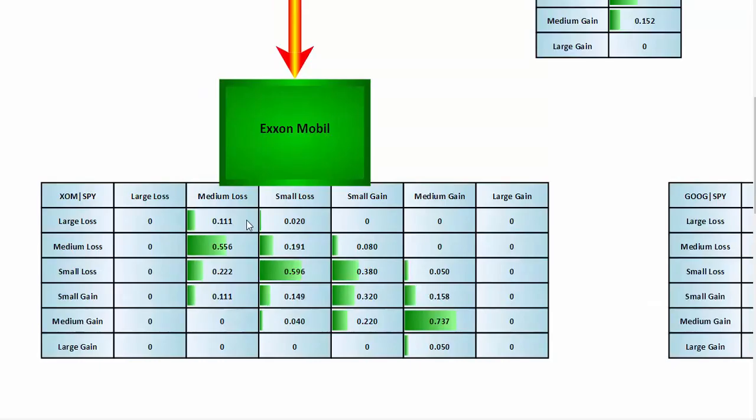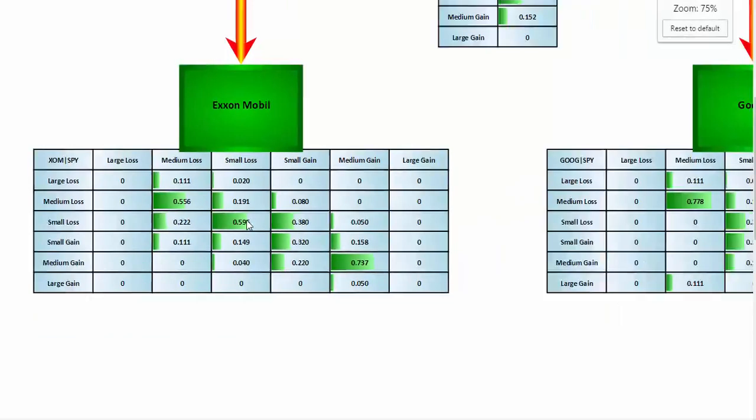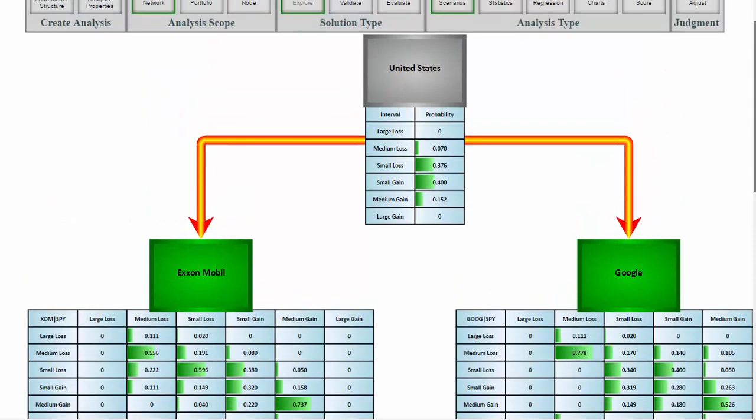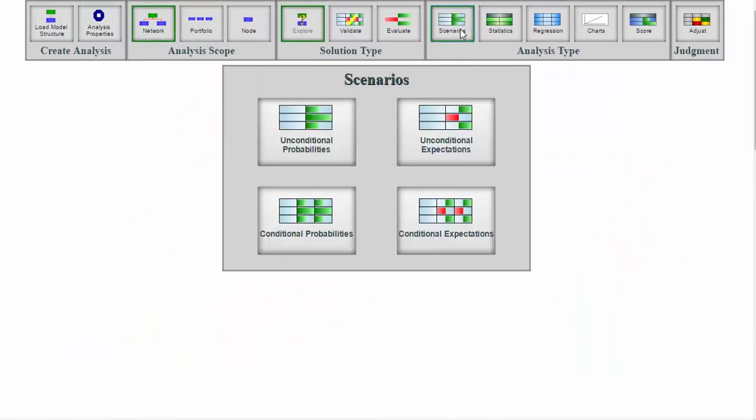Click Scenarios on the ribbon. Click on Conditional Expectations.